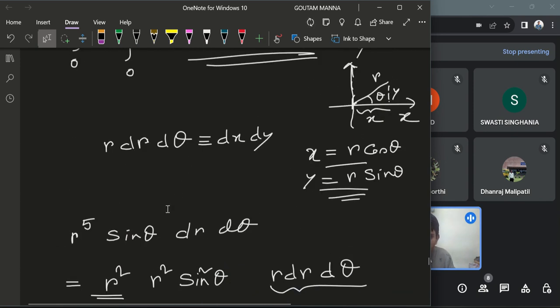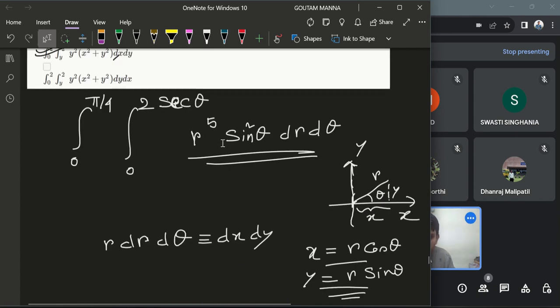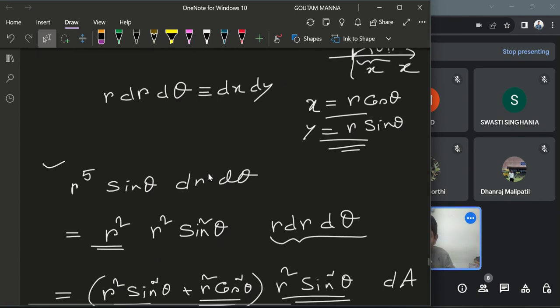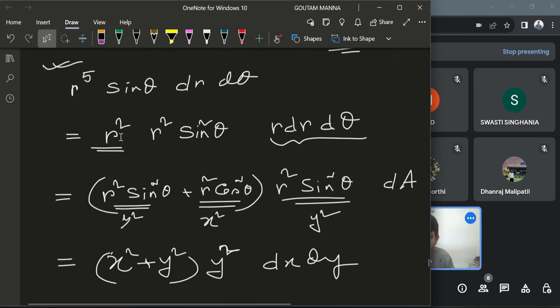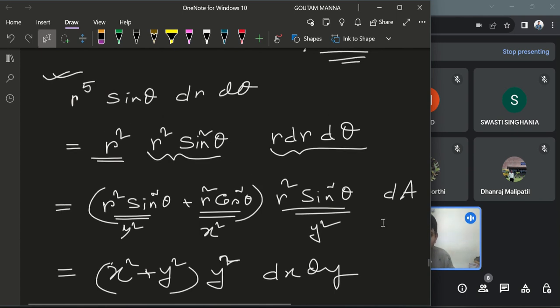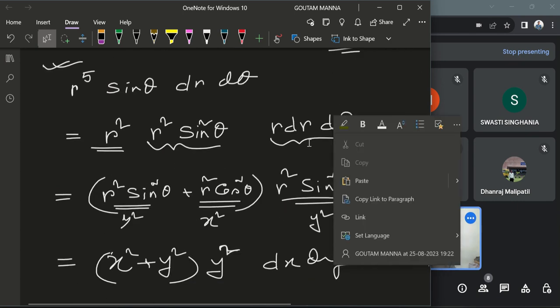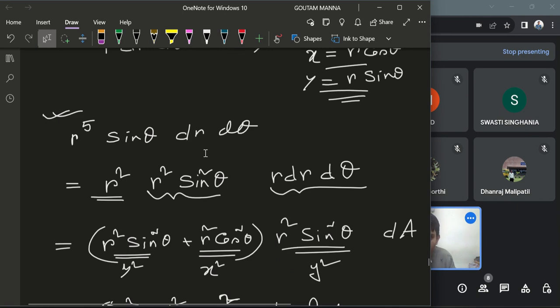For example, this whole thing, r to the power 5 sine square dr d theta, I am writing it as r square times r square sine square theta. Why am I writing it as r square sine square theta? Because I need to replace this sine theta part with y, and y has an r multiplied with it, so I need r sine theta here.